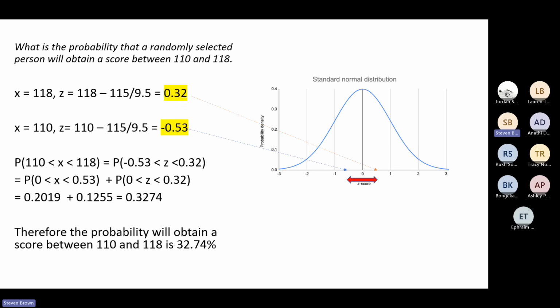Now it says a minus there. In terms of your table, you can drop the minus. The minus is only showing you the direction, which side of the mean it lies, because both sides of these curves are fully symmetric. You don't have to worry about that minus 0.53 being different from the other one.